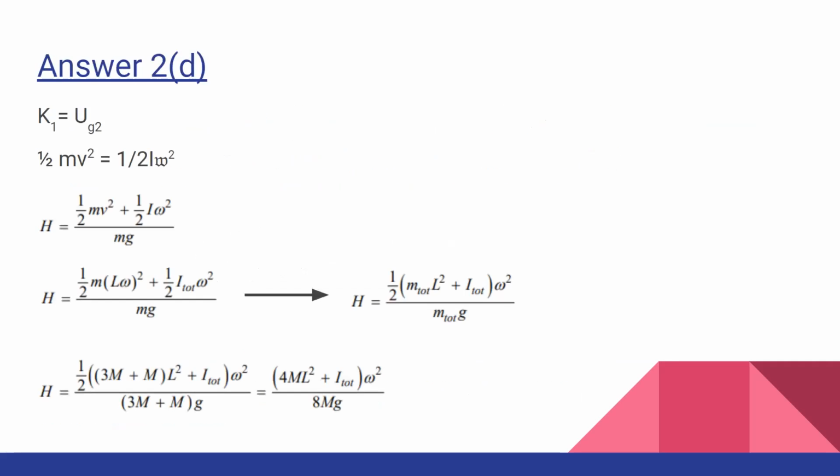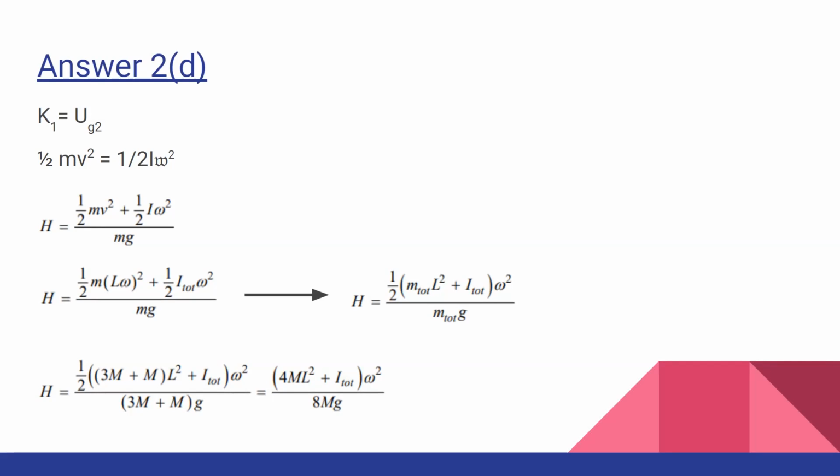So how we do this is we use conservation of energy again, because it's a ramp, and we know that one of the starting points is at the ground, where there should be no gravitational potential energy. So we will start with K1, when the thing is moving, equal to UG2, which is potential energy at the top.